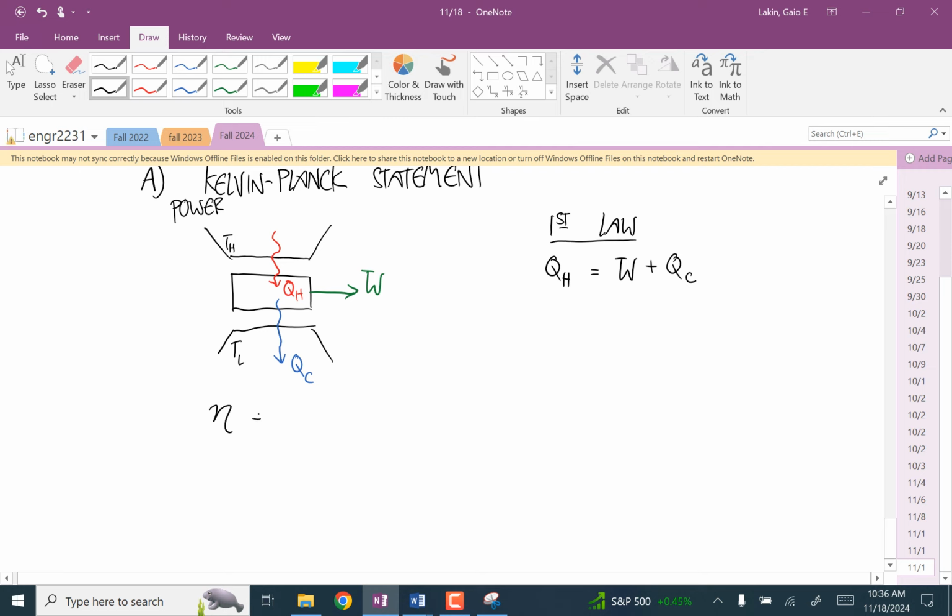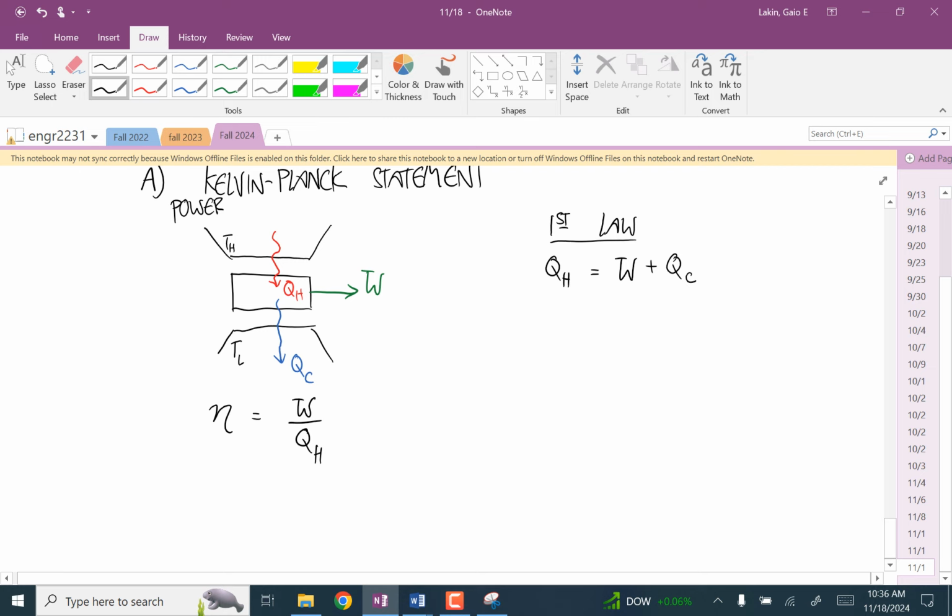Efficiency for a power cycle, you can think of as the thing you're trying to get out of it, which is work. You're trying to maximize that. And you're trying to minimize the cost, which is the heat coming from the high temperature reservoir. And so there's our definition of efficiency.